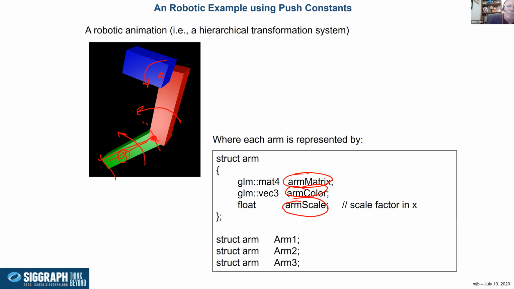And so here's the transformation, here's the color, length is scale factor. And so that got put into a struct. There were 3 structs. And so the idea was send over as a push constant, set of push constants, the structure for the arm, and then initiate a draw. Then send over the push constants for the red arm, arm 2, initiate a draw, send over the push constants for arm 3, initiate a draw.